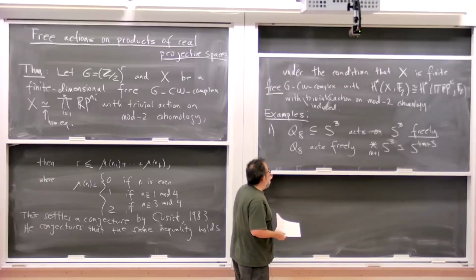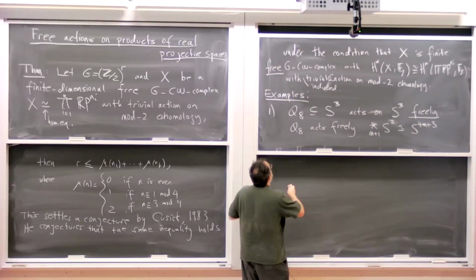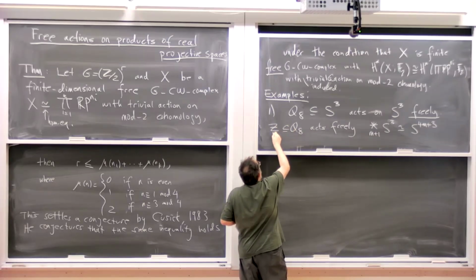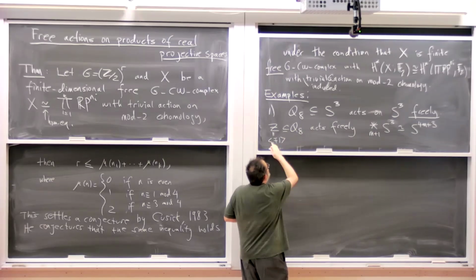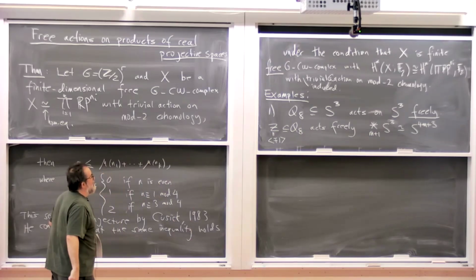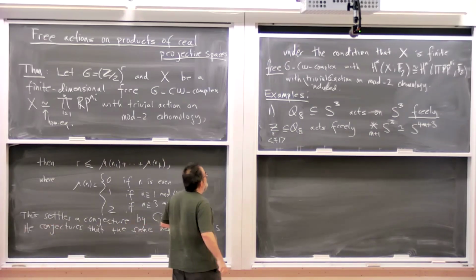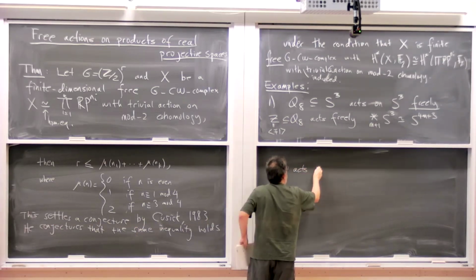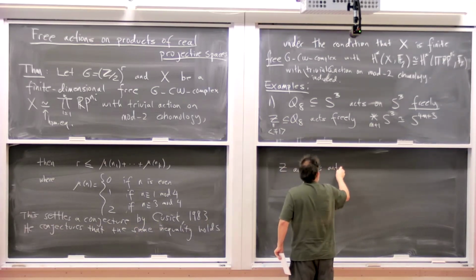So this is a free action where inside Q8 there is a subgroup generated by ±1, and that subgroup acts by the antipodal action on this S^(4n+3).